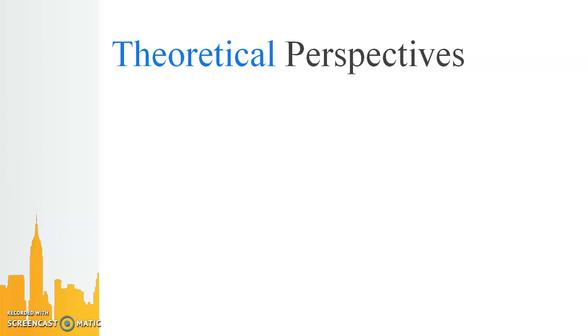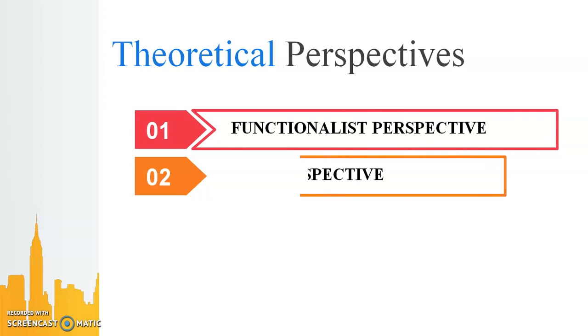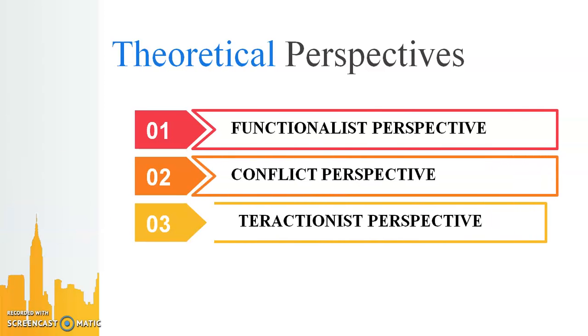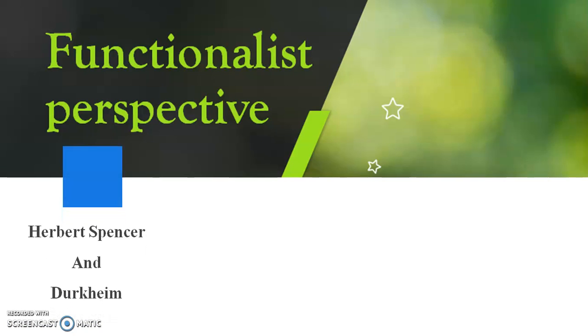The three major perspectives in sociology are functionalist perspective, conflict perspective, and interactionist perspective. So let's look into these perspectives in detail. Functionalist perspective. The main contributions are from Herbert Spencer and Emile Durkheim.